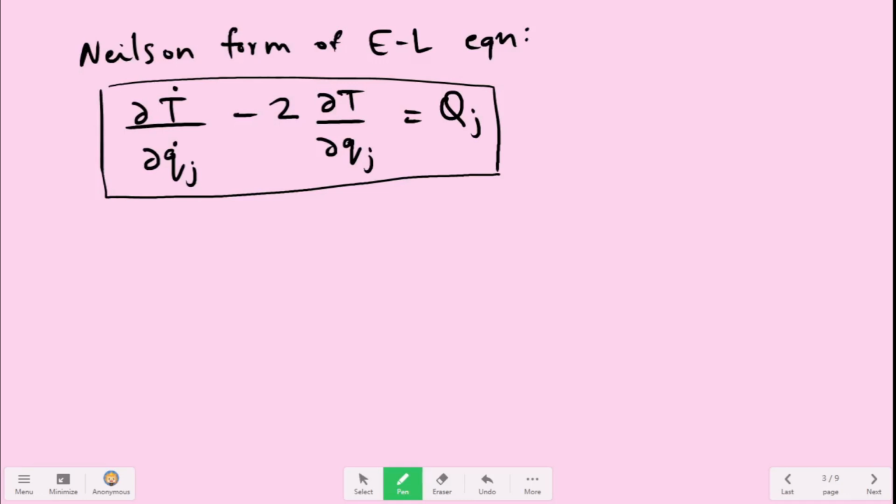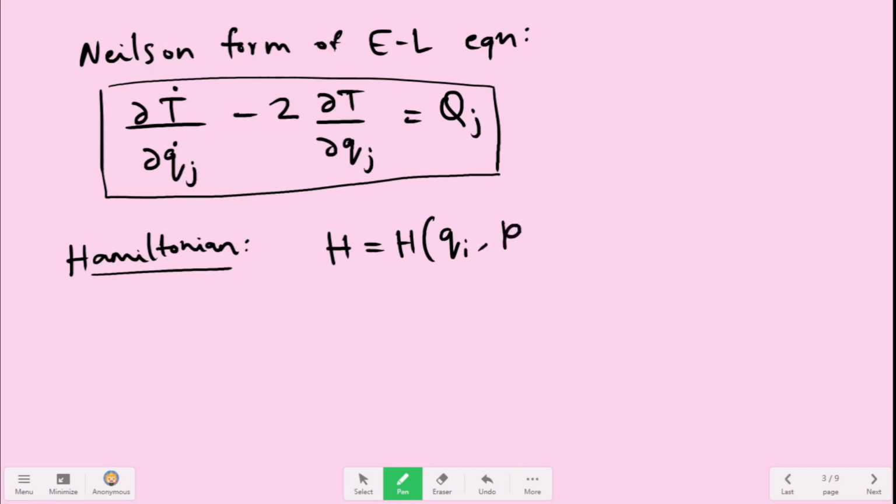Now let us move on to the Hamiltonian. The Hamiltonian is a function of the generalized coordinate and generalized momentum, and it can be a function of time as well.